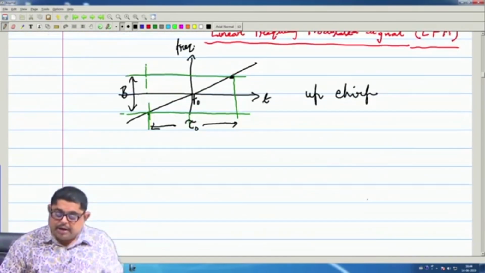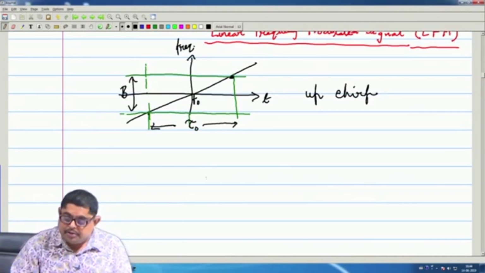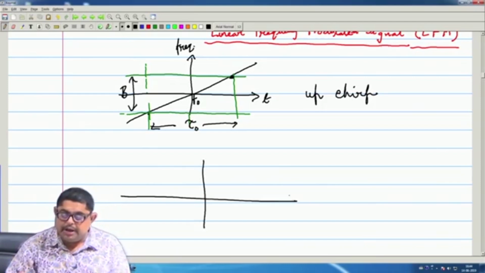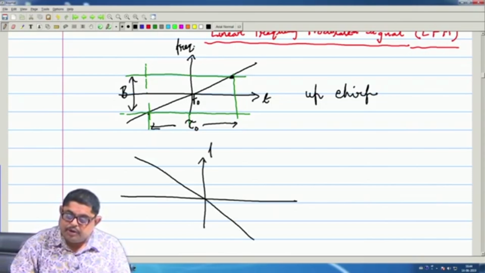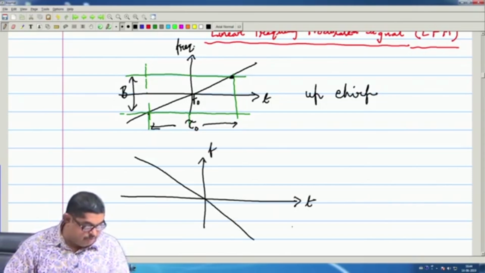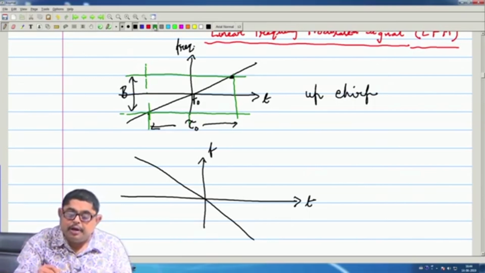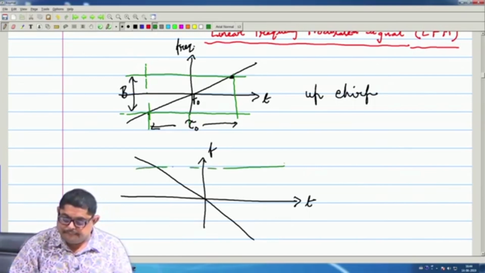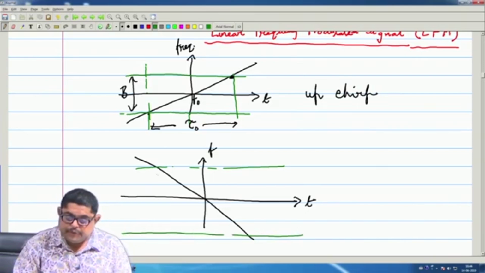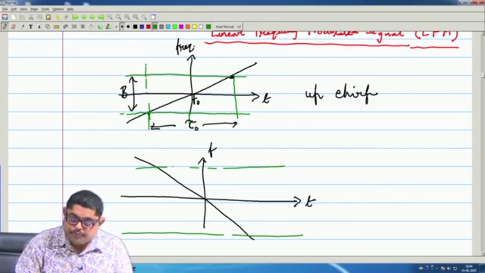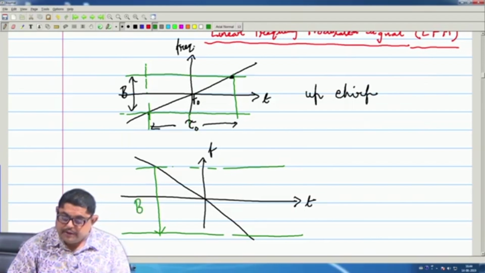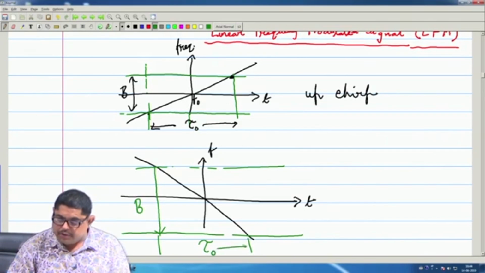Similarly, you can have a down chirp signal. This is your frequency, this is your time, and again this is your B and this is your tau naught.